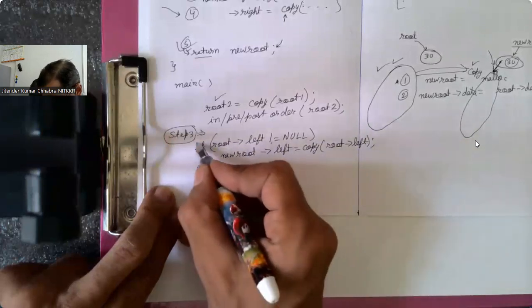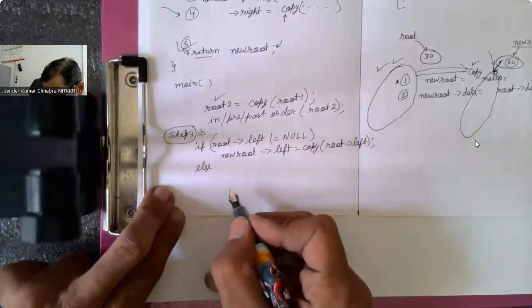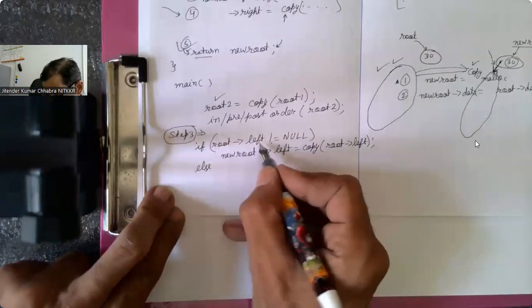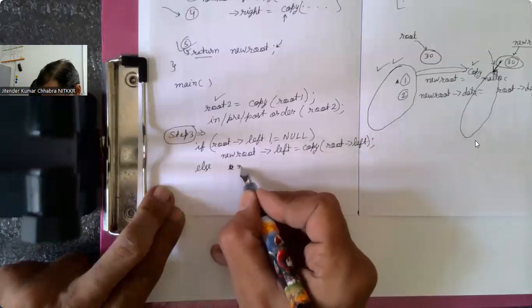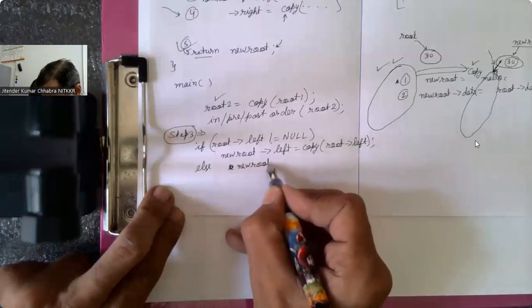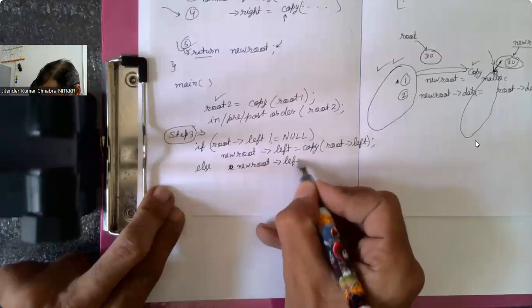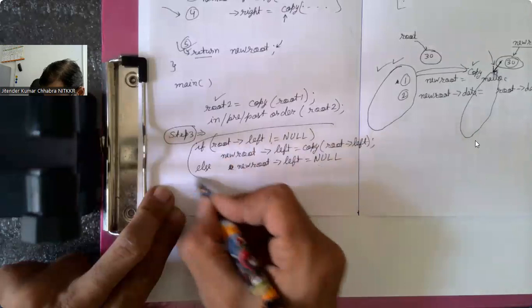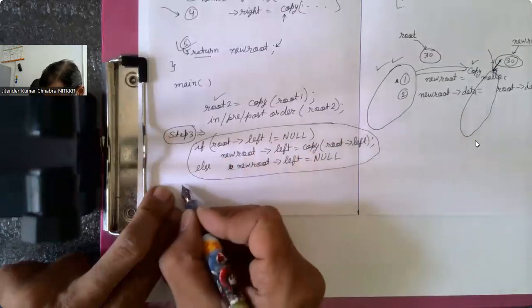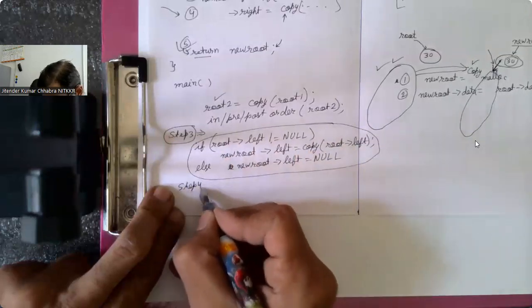Whenever you write if, don't forget to write else. Else what will you do? Root arrow left not equal to null failed, meaning that obviously here I will say new root arrow left to be equal to null. This step is also equally good, similarly for step 4 also.